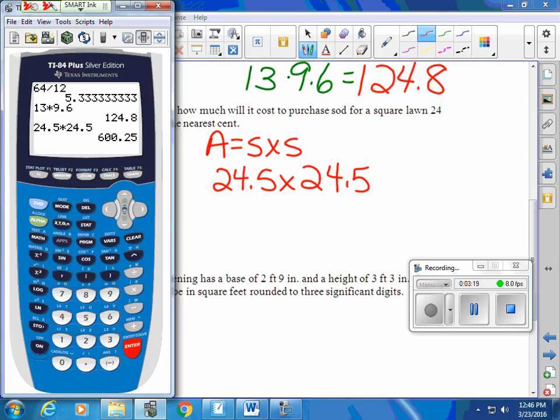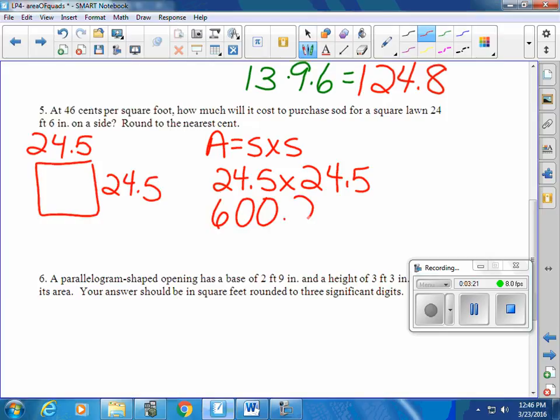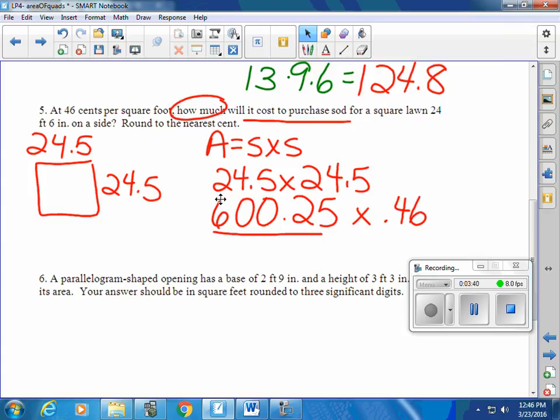So we will get an area of 600.25. Now if we look back at the question, it's asking us how much will it cost to purchase sod for this lawn. If we know that every square foot costs 46 cents, we're going to take this 600.25 and now multiply that by the 46 cents per square foot.